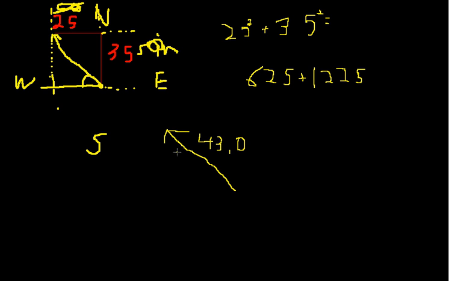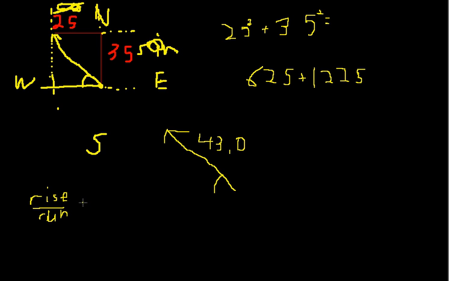What's the angle? Well, let's think about it. What is the slope of this line? The slope is rise over run, or how much it goes up divided by how much it goes over.